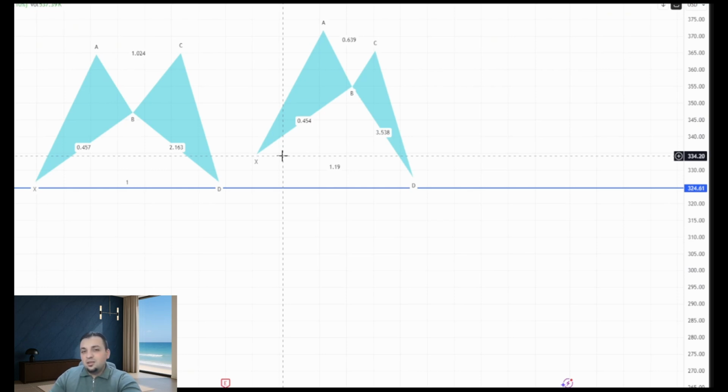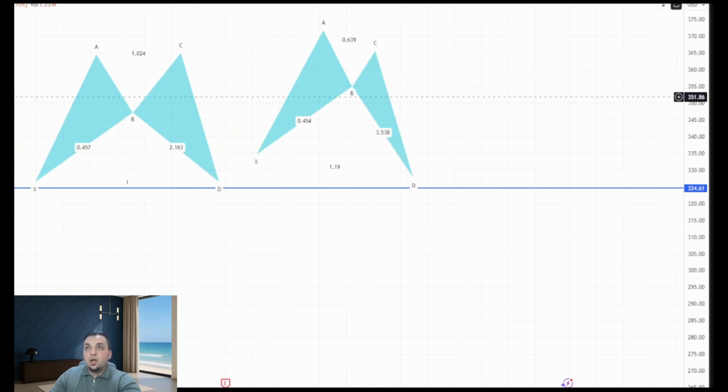And it really doesn't matter, because we will also learn in future videos how we can spot whether C is gonna be lower than A or higher than A, and whether D is gonna be equal to X, lower than X, or higher than X, by using, of course, supply and demand and different kinds of interesting indicators.